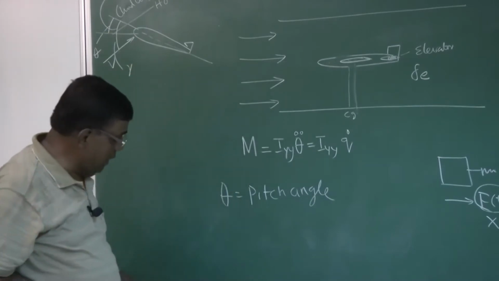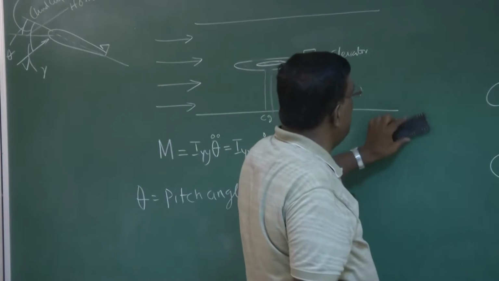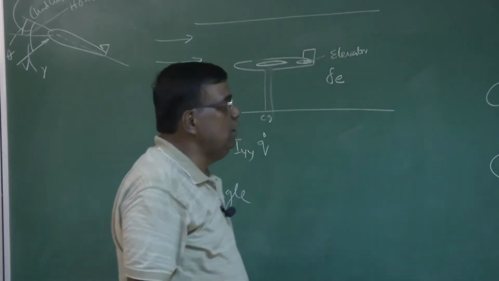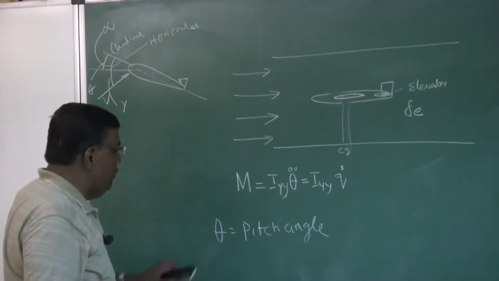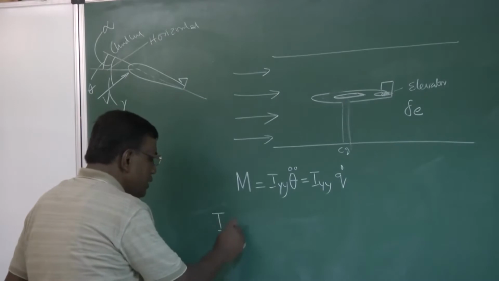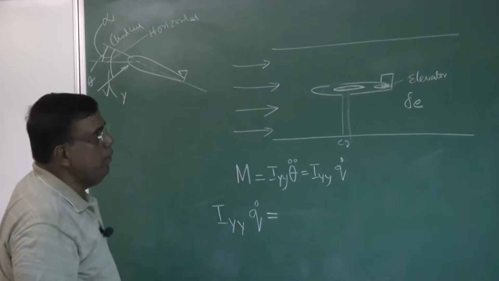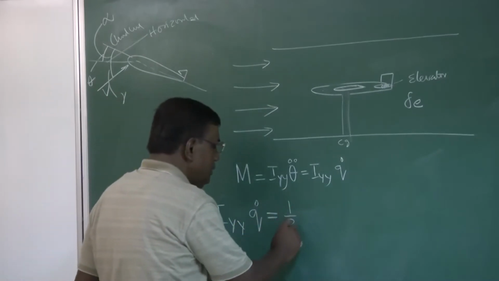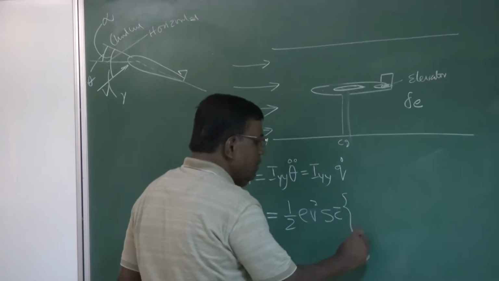I am trying to develop the equation of motion because I know if I want to solve it like the spring mass damper system, my first approach should be to write the equation of motion. So what do I do now? I write Iyy q dot equal to moment. Moment will be half rho v square S c into Cm.